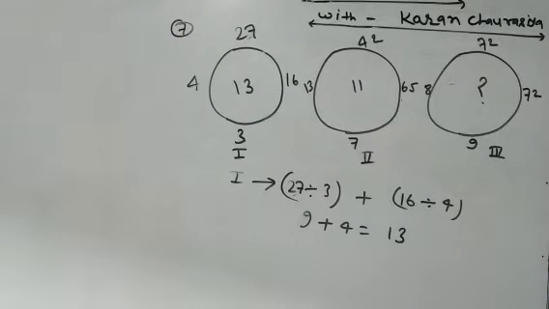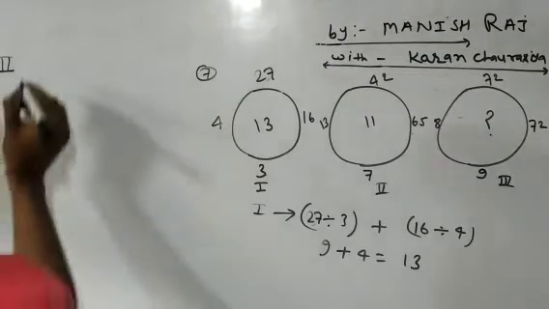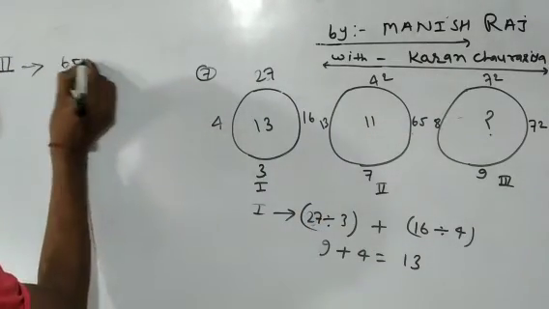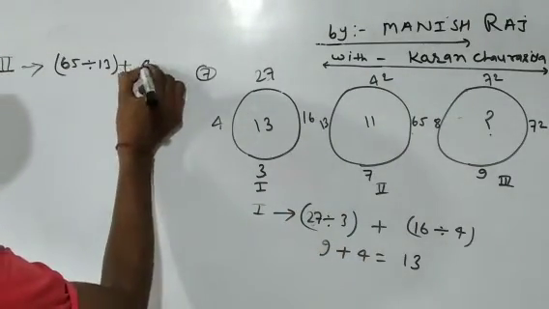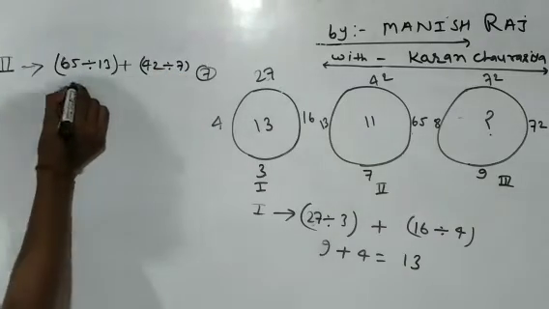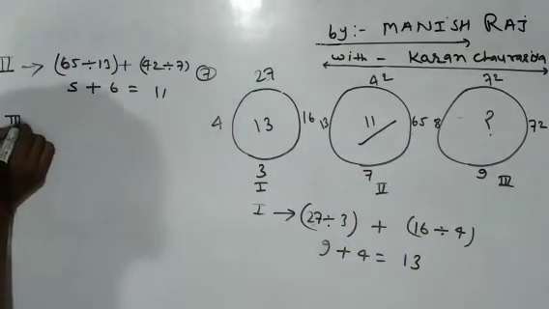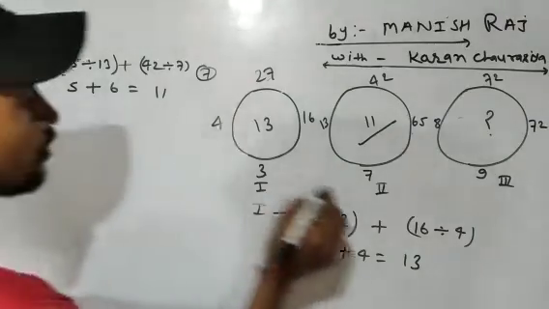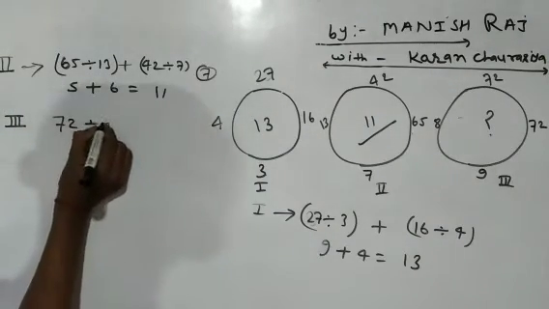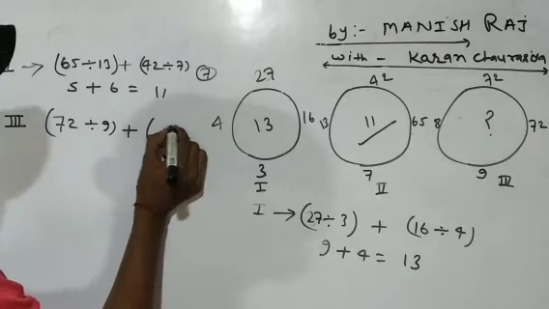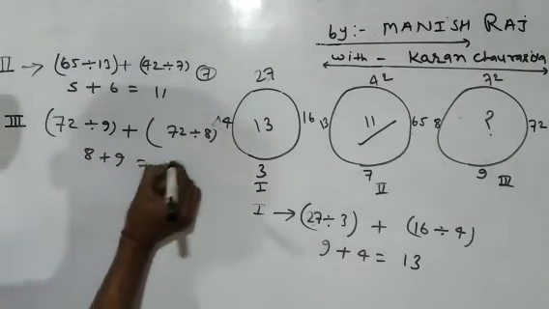According to the second circle, we apply the same process. 65 divided by 13 and 42 divided by 7, and we add them, then we get the middle number 11. Then for the third circle, we can write here 72 divided by 9 and 72 divided by 8, and we add, then we get 17.